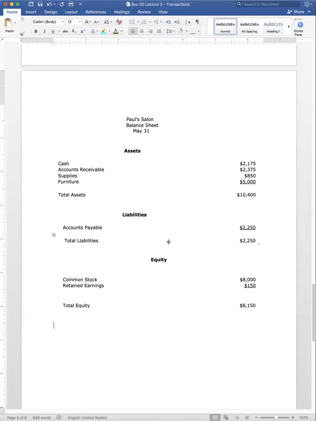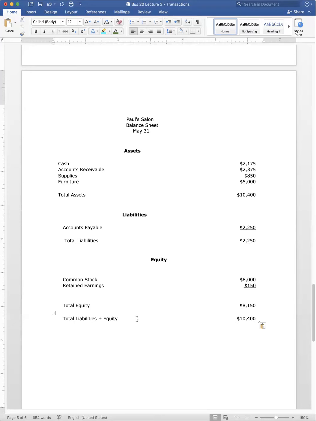We need to add together liabilities and equity. Okay, so let's add those two things together. $2,250 of liabilities plus $8,150 of equity is $10,400 of liabilities and equity.